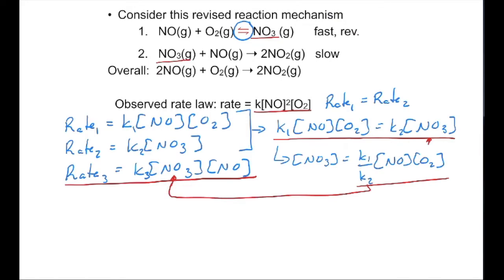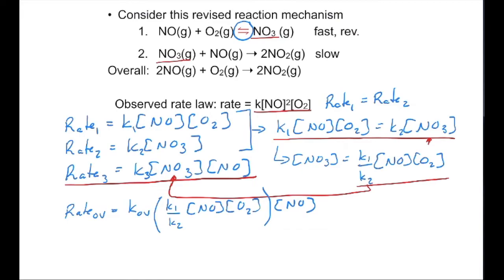Now we're going to take this part of the equation and substitute it directly into there. So we'll rewrite our rate law as rate overall equals K overall times K1 over K2 times NO times O2, and then we still have an NO left in our rate 3 equation, so we're going to write NO there.